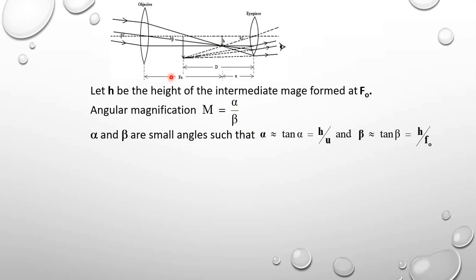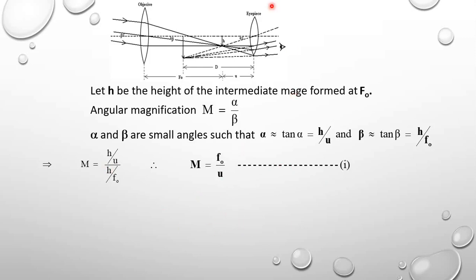This is supposed to be small f naught, the focal length. So when we substitute here and then we divide, we shall get our M as f naught divided by u.